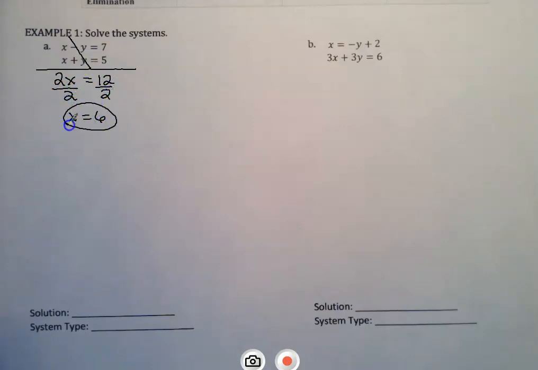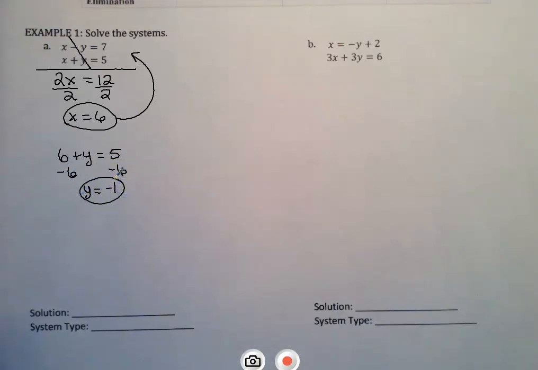Okay, so here's our x. Then we want to plug it back in. Does it matter which one? Nope, in elimination it does not. So we can do 6 plus y equals 5. Subtract 6, y equals -1.